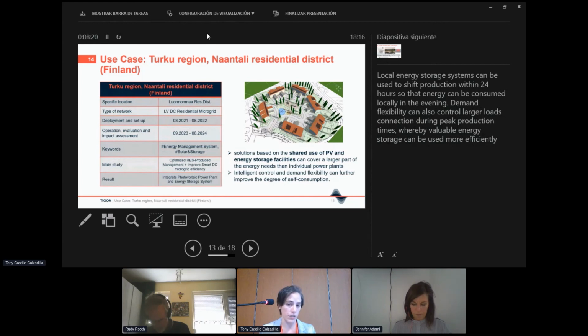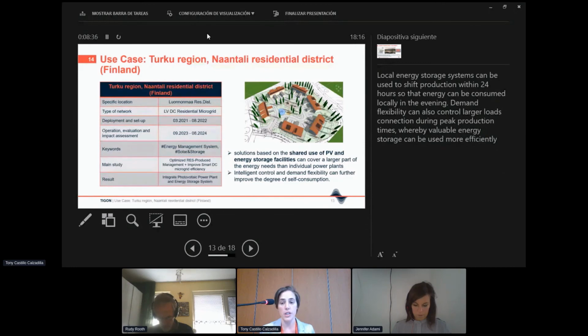And here, also, intelligent control and demand flexibility algorithms will be developed and deployed that, of course, aim to improve the degree of self-consumption of the district.